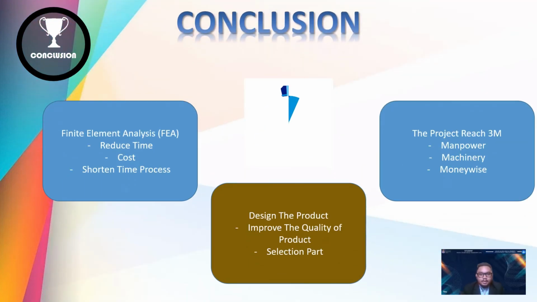So, as a conclusion of the presentation, the prototype of the portable motor operated hacksaw has been developed as required, according to the main goal of producing an automated hacksaw with portable use, eco-friendly, and a lubricant system. The project has also reached the 3M objective of the problem statement, which is manpower, money-wise, and machinery.